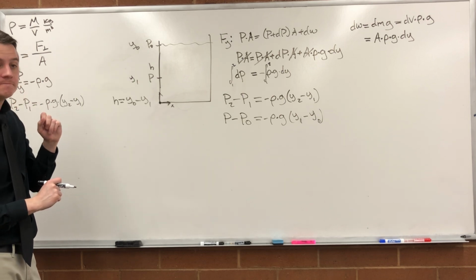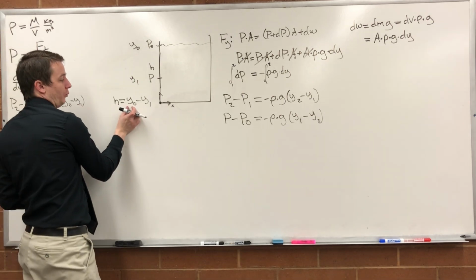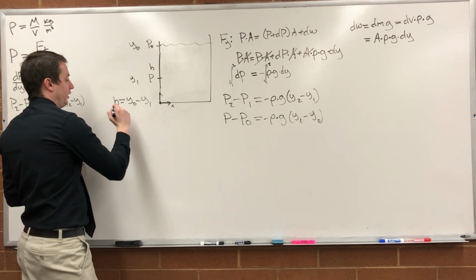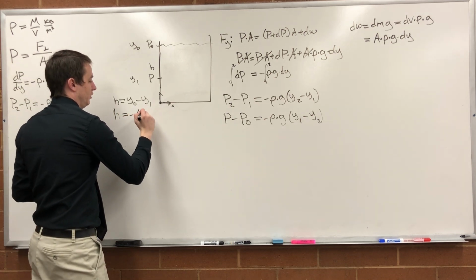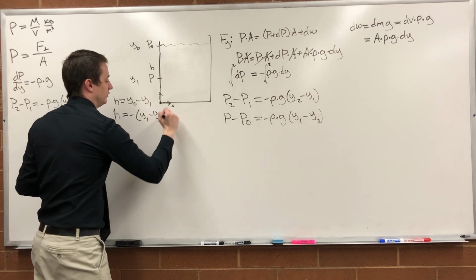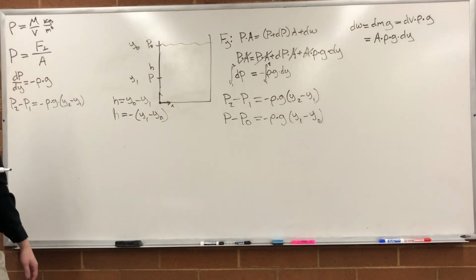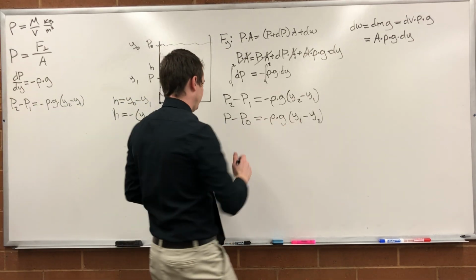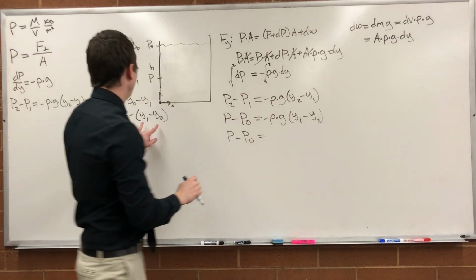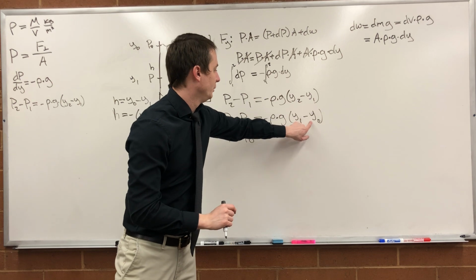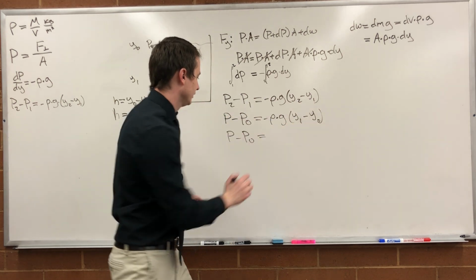Now h is equal to y naught minus y1, or in other words, h is equal to negative y1 minus y naught. So when I plug h into this equation, p minus p naught is equal to y1 minus y naught, which is h, but then it has an extra negative, so it cancels out with that negative.